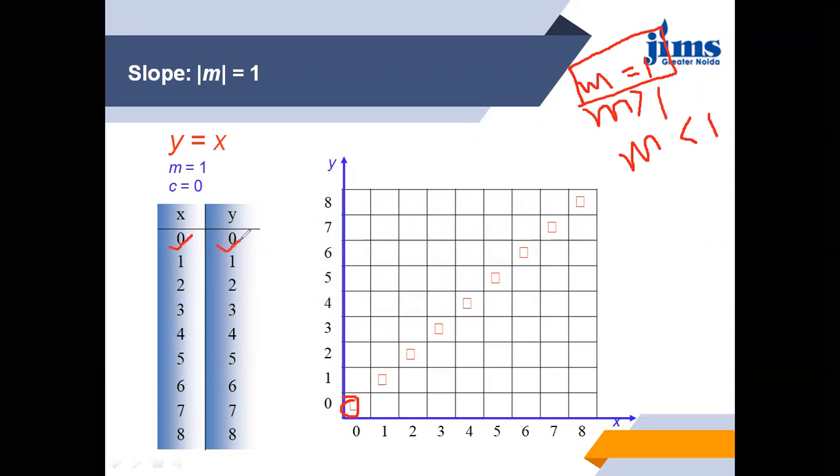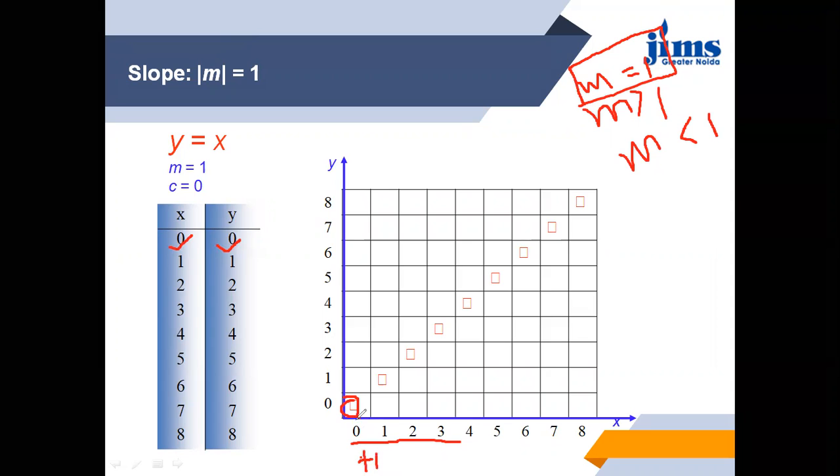What will happen when I am going along the x axis? When I am going along the x axis and incrementing the pixel value by 1, I am adding 1 every time. Earlier it was 0, so 0 plus 1 is 1.